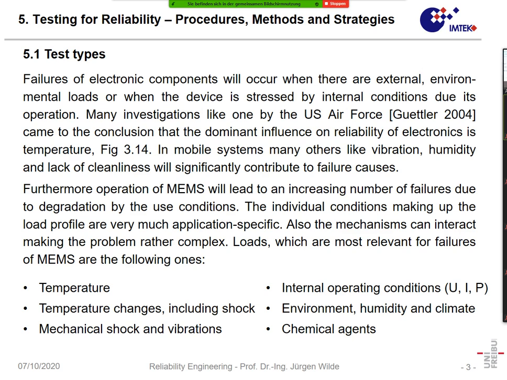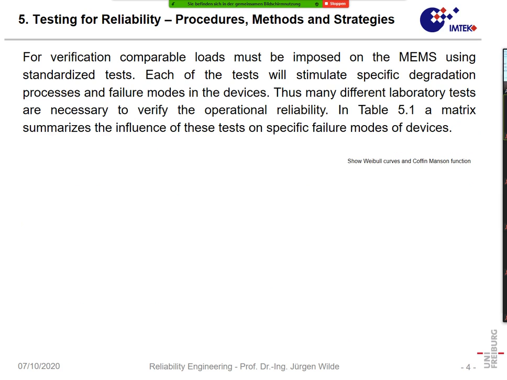Then the environment also comprises humidity and climate, and there can also be some chemical agents. For instance, in a car we have the fuel, oils, hydraulic liquids, coolant, and so on, and all of these act on our electronics and all together can degrade reliability.